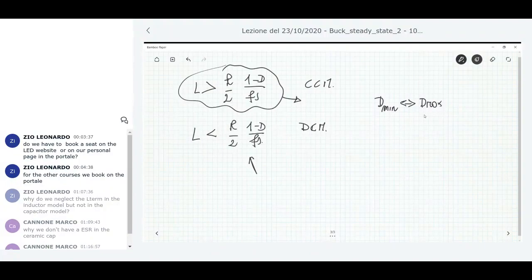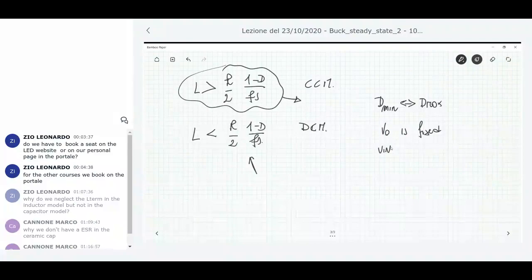Remember what I said at the beginning of this discussion, that the output voltage typically is fixed. I have to provide, say, 5 volt, 3.3 volt, or 12 volt at the output, fixed. For any variation you can have in your environment or in your load, you have to provide this fixed voltage at the output VO. So VO is fixed, but V input is not fixed. It is constant, but can change because, for example, it is derived from a rectifier output, or maybe it's a battery that can change value due to environmental conditions.